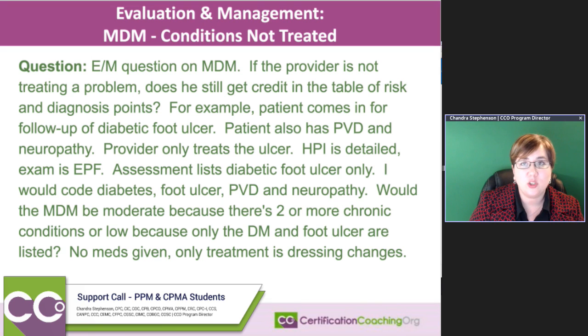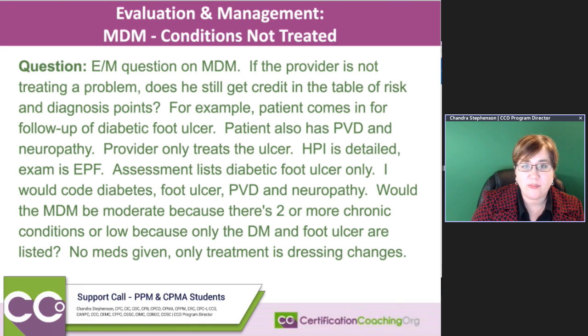The provider only treats the ulcer. The HPI is detailed, the exam is expanded problem focused, the assessment lists diabetic foot ulcer only. I would code diabetes, foot ulcer, peripheral vascular disease, and neuropathy. Would the medical decision making be moderate because there's 2 or more chronic conditions, or low because only the diabetes and the foot ulcer are listed? No medications are given and only treatment is directed at the dressing changes.